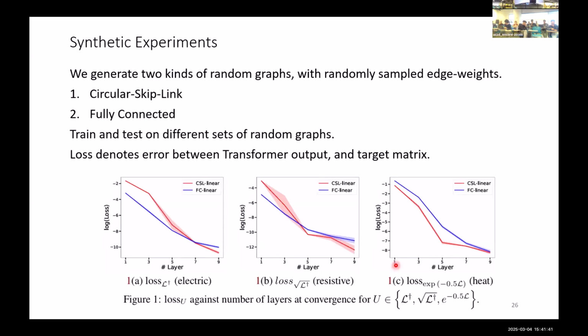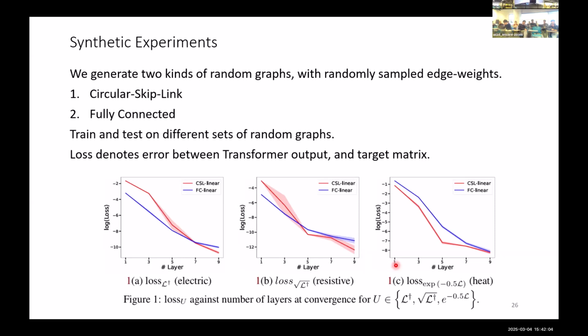And here are some synthetic experiments. We try two kinds of graphs, fully connected graphs, and something called circular skip link graphs, which I guess are kind of like ring graphs, but with skip connections. And each time we generate a graph with random weights.